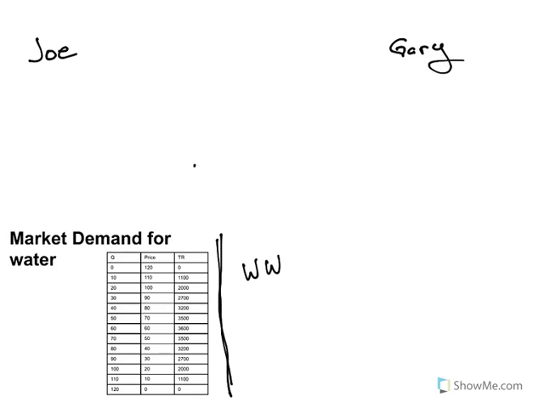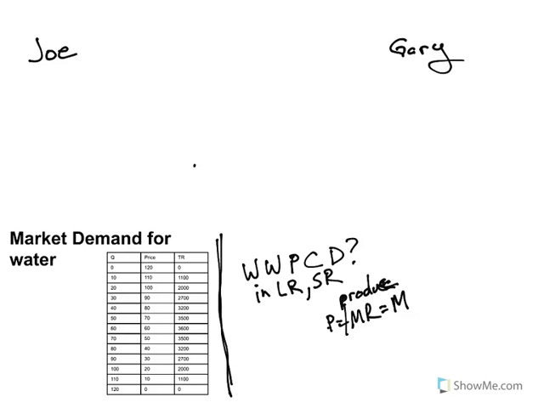What would perfect competition do? Remember that in the long run, actually in the short run as well, they produce where price is equal to marginal revenue, and marginal revenue is equal to marginal cost. That's the profit maximizing rule.